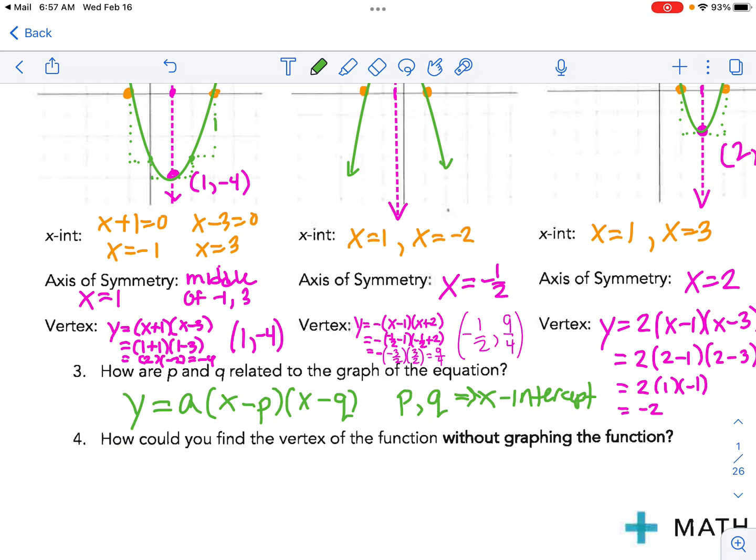And it says, how can you find the vertex of the function without graphing the function? We know it's in the middle, just like I mentioned a second ago, in the middle of the intercepts. And that gets us our x coordinate.